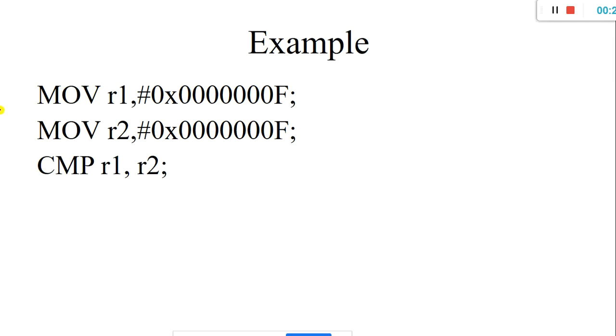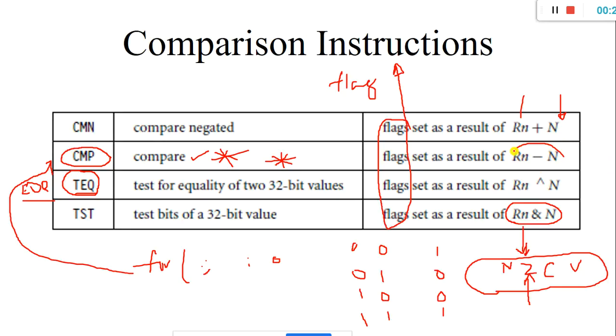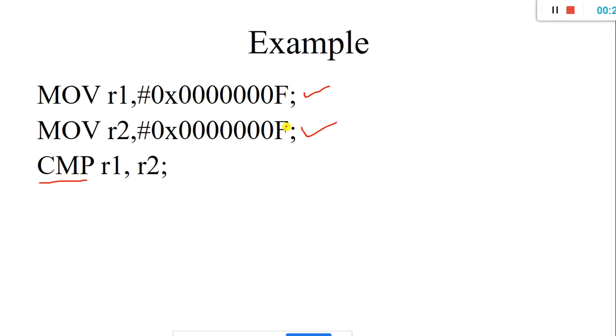Just go through here. Now I have chosen two data of the same input. Both the inputs are the same. Basically, what does the CMP instruction perform internally? CMP performs a subtraction operation between these two.